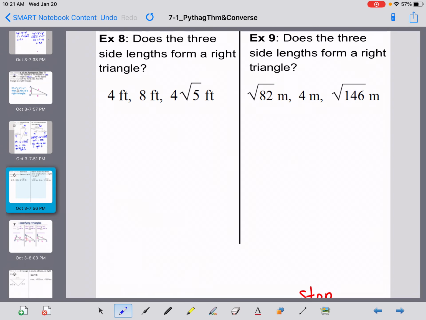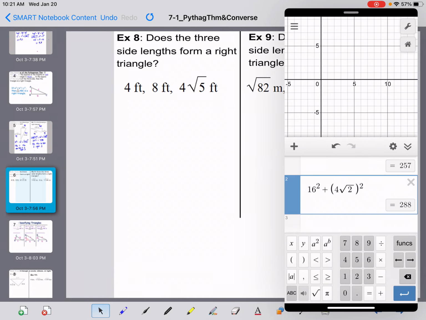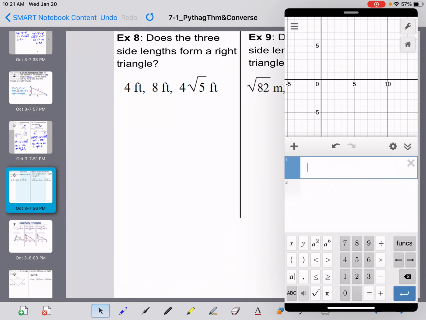Two more examples, and we're going to stop for today. Now, in these two examples, I do not have a picture. So how do I know which number is bigger? I don't know what 4 radical 5 is. So let's type it in. What is that? 4 radical 5.